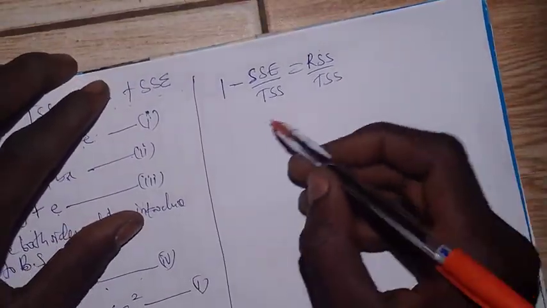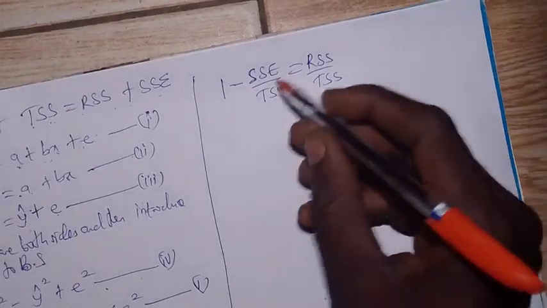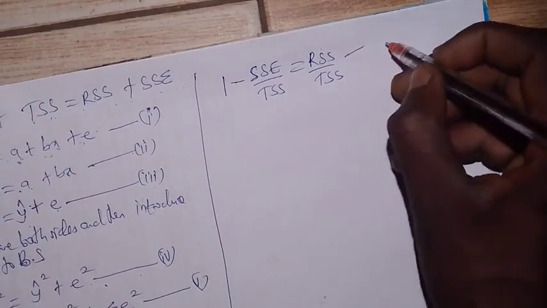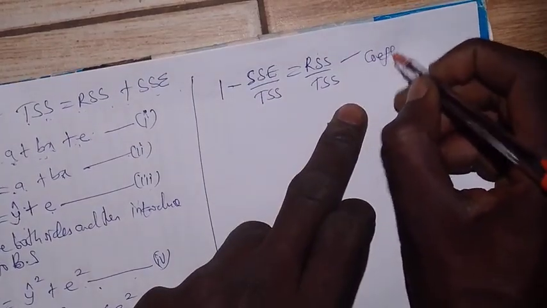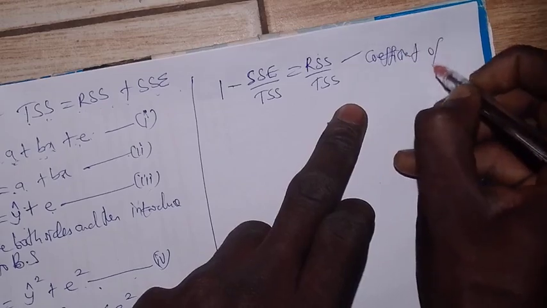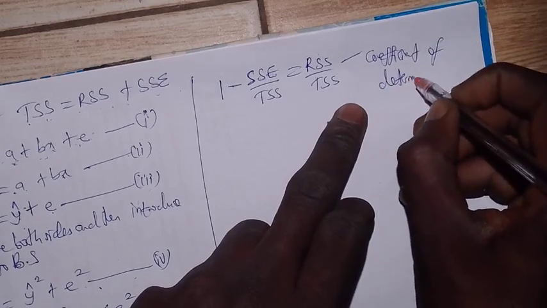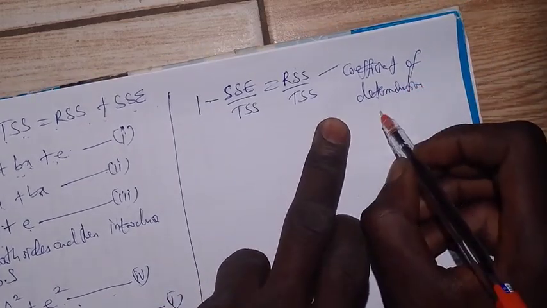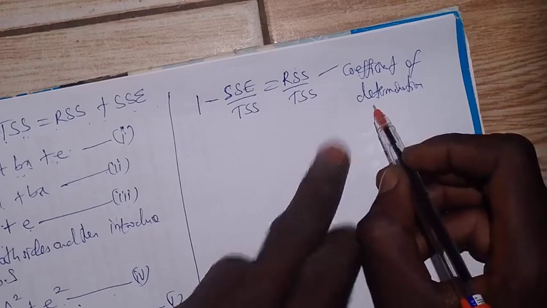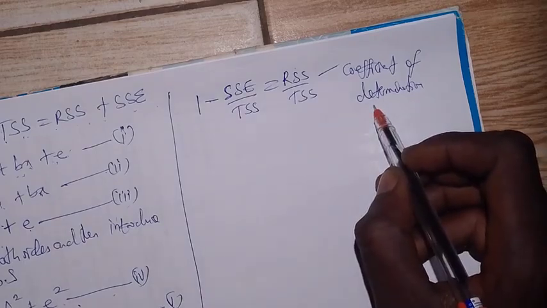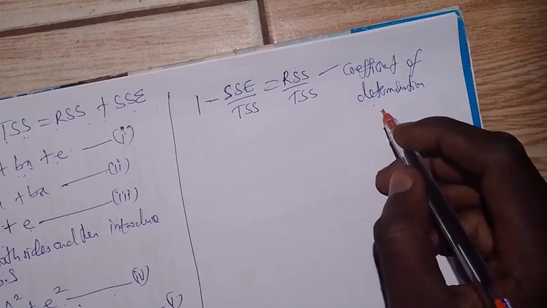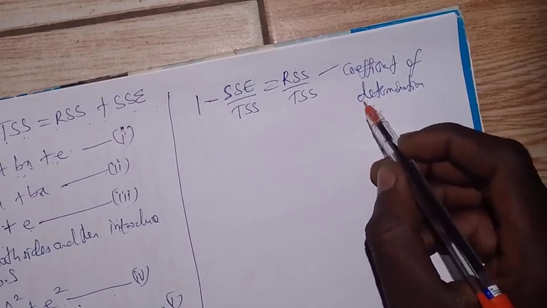So this is our coefficient of what? Determination. Coefficient of determination, where we said earlier that it determines the amount of changes caused by the independent variable, showing how much contribution the independent variable has on the dependent variable.